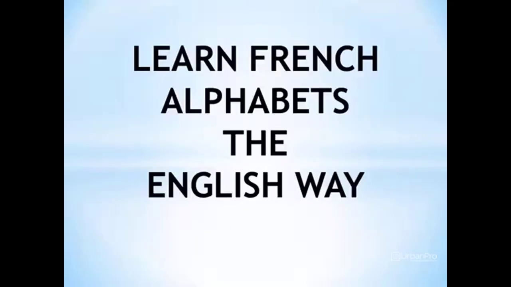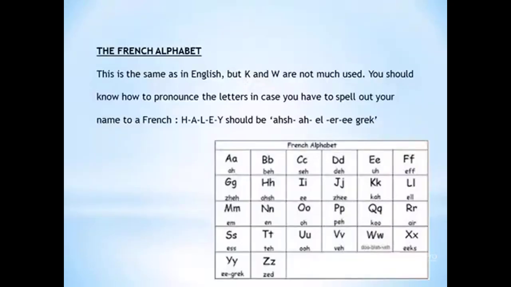Hello everybody. Let's learn French alphabets, and the explanation will be done in English so that it is clear and more feasible for you to understand. Now French alphabets are very much similar to English, but we have to keep in mind certain letters which are quite different and pronounced differently.